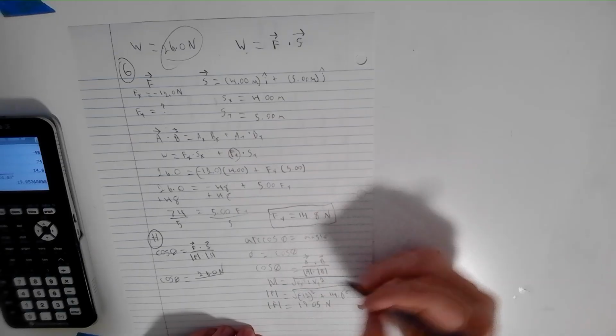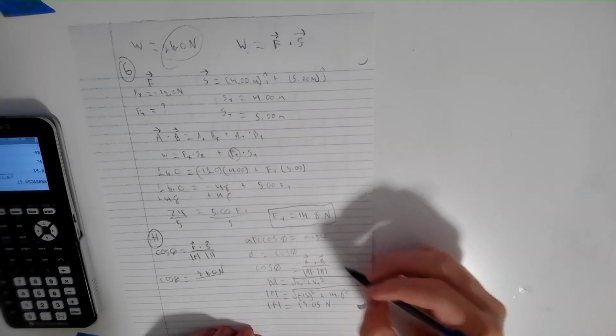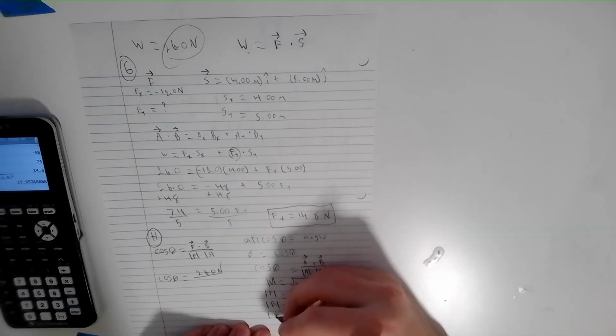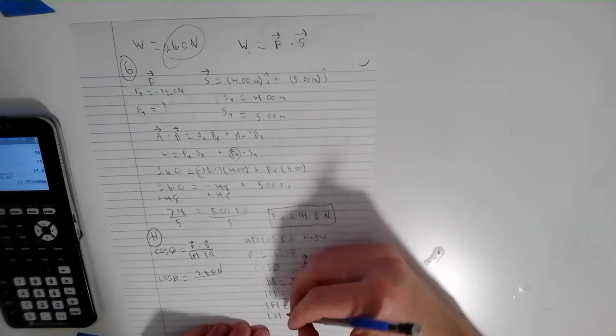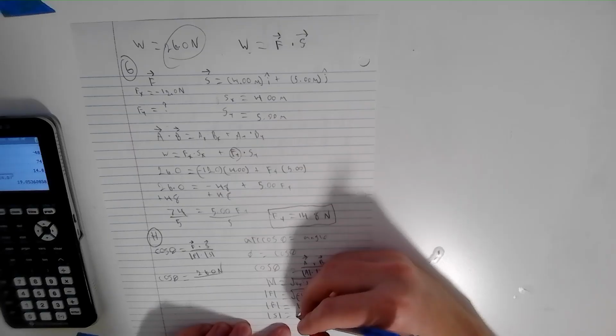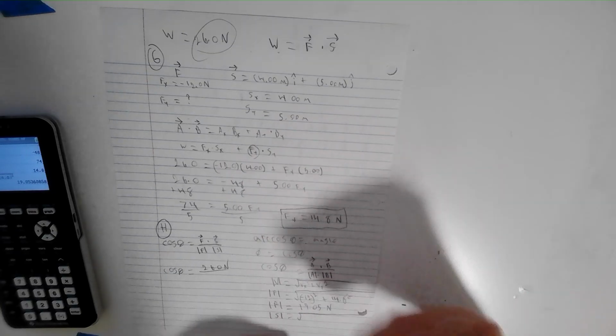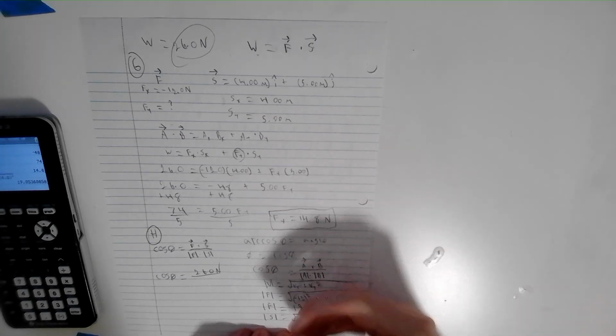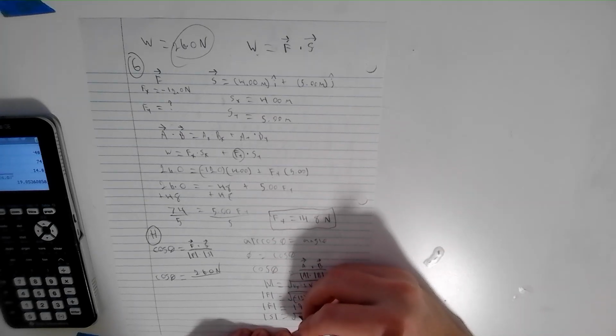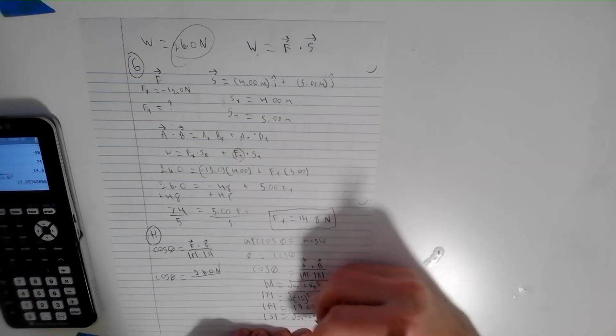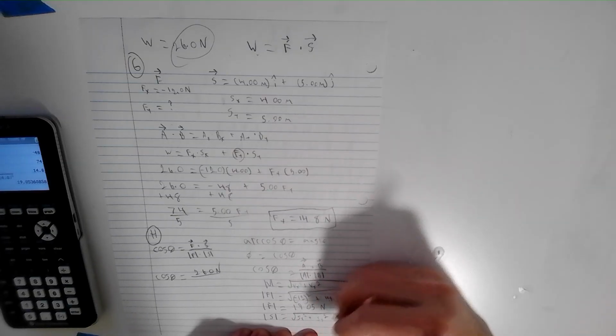And then we just have to find the magnitude of s. So we'll do the same thing. Magnitude of s equals square root of s of x squared plus s of y squared.